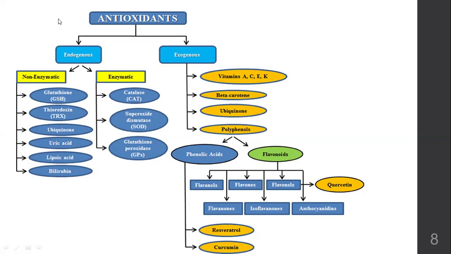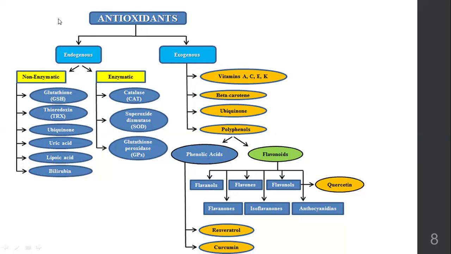Endogenous, you have two types, enzymatic and non-enzymatic. Certain enzymes work as antioxidants, like catalase, superoxide dismutase, glutathione peroxidase. These are enzymes that are produced in your body. They have a specific role, but they also act as antioxidants.